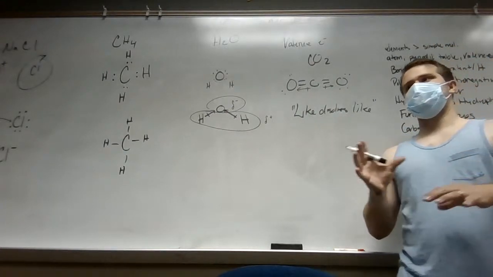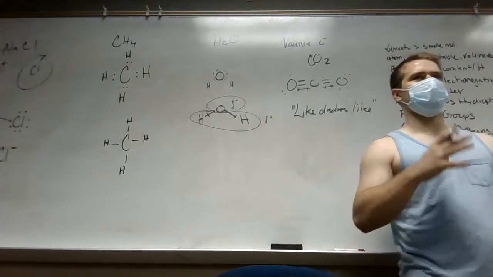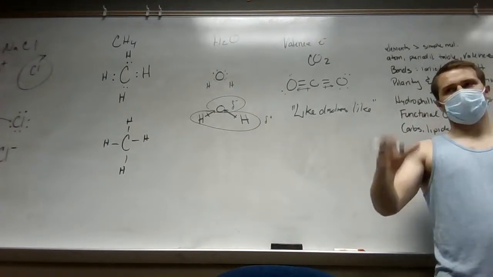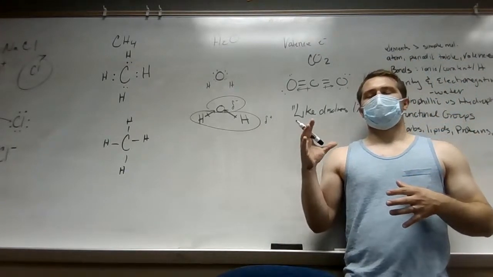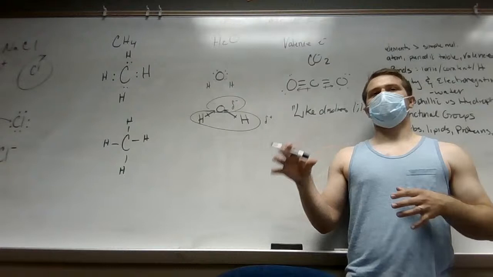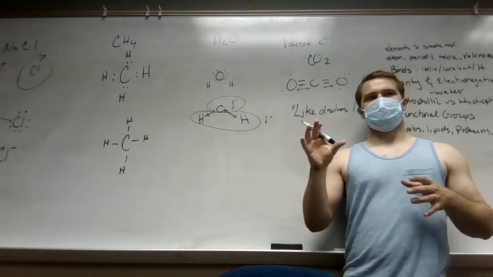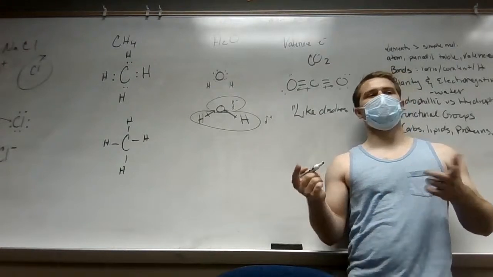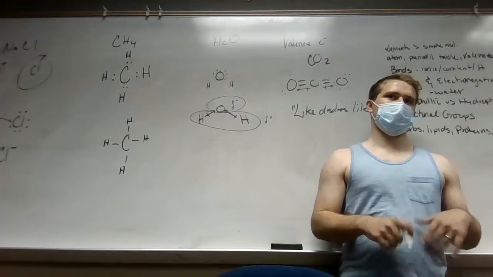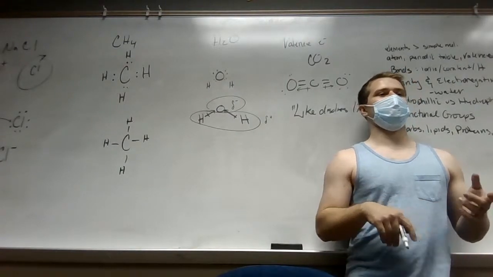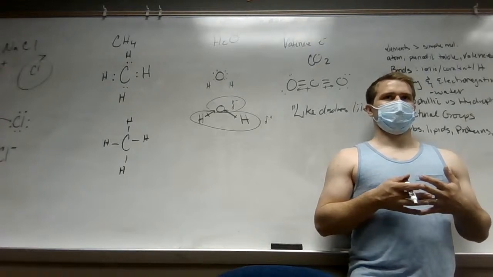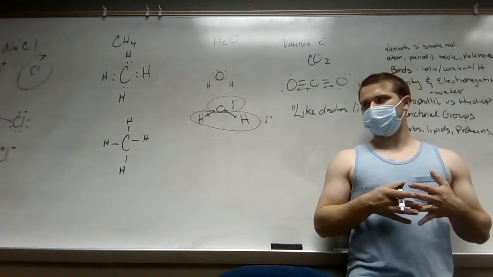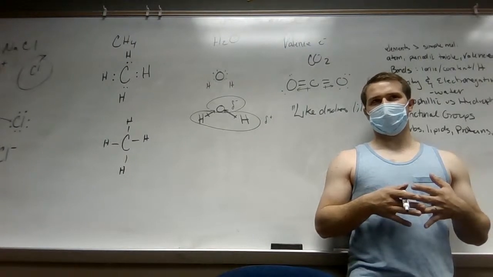You have attractions between the partial positive and the partial negative at different spots, and constantly, as opposed to the non-polar solution, which does not have those interactions and therefore won't interact with polar compounds. So it's more energetically favorable for them to be separated. Does that make sense? Yeah? A lot of information. Any questions on that?